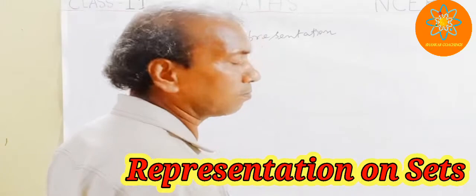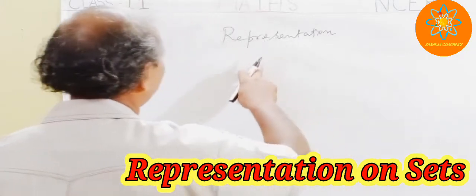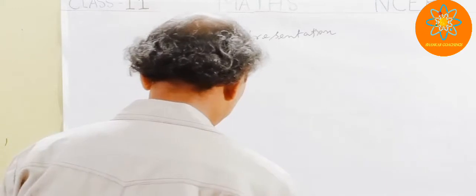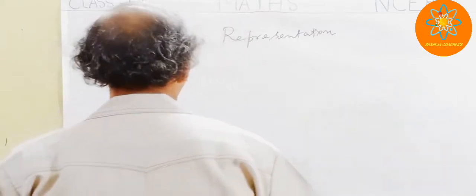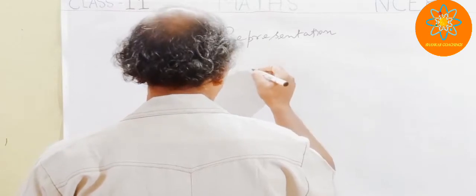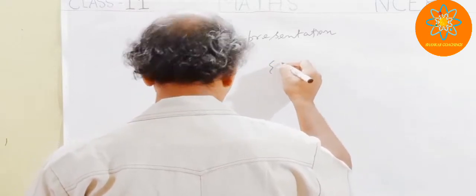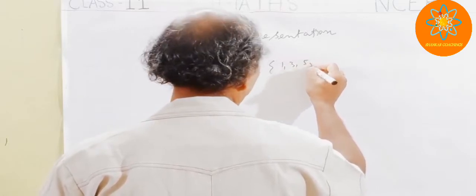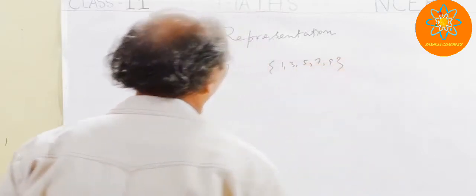So before going to the representation, I am taking a few examples of sets. Like we have the odd natural numbers, so the set will be 1, 3, 5, 7, 9, like this.